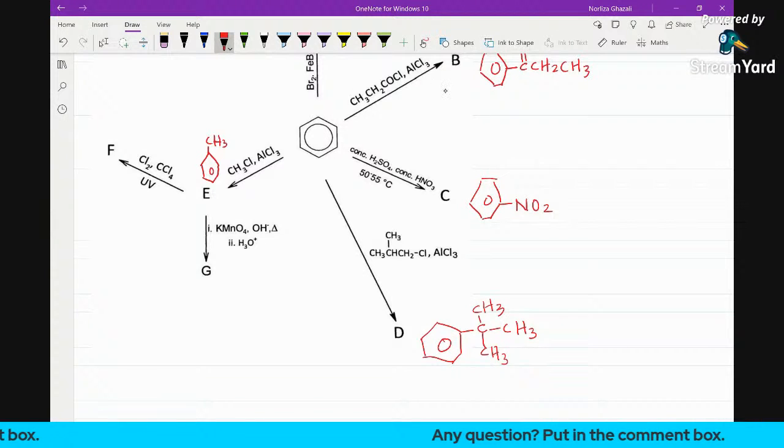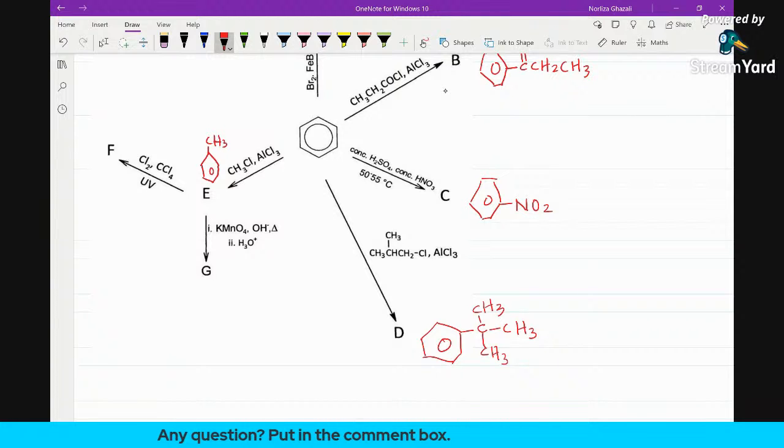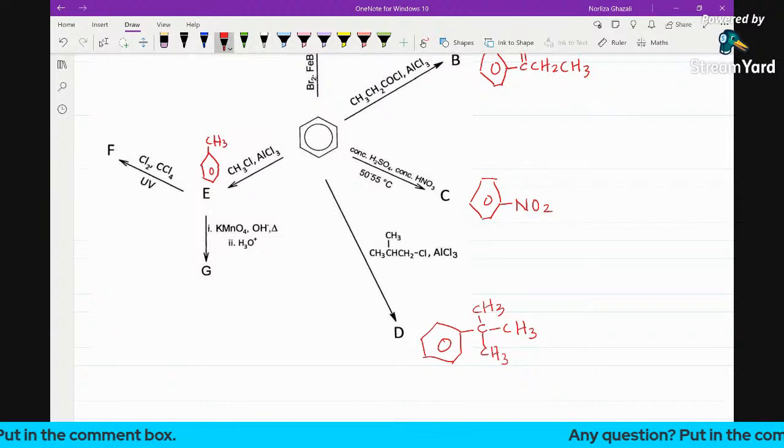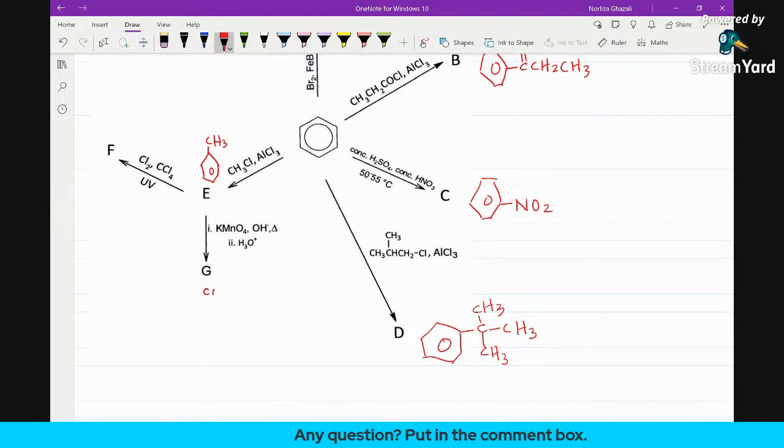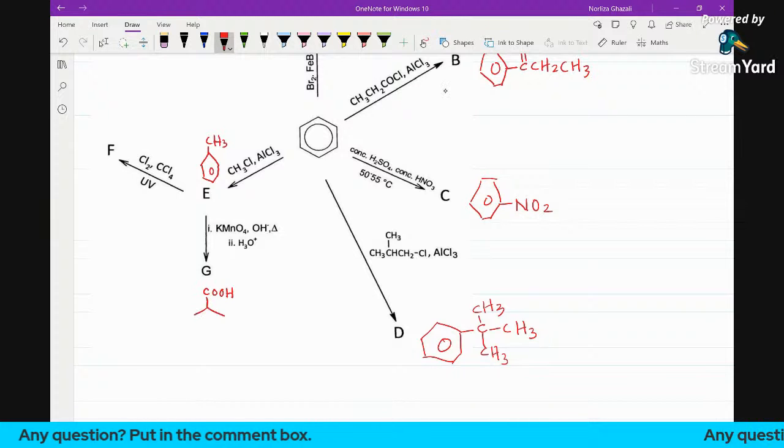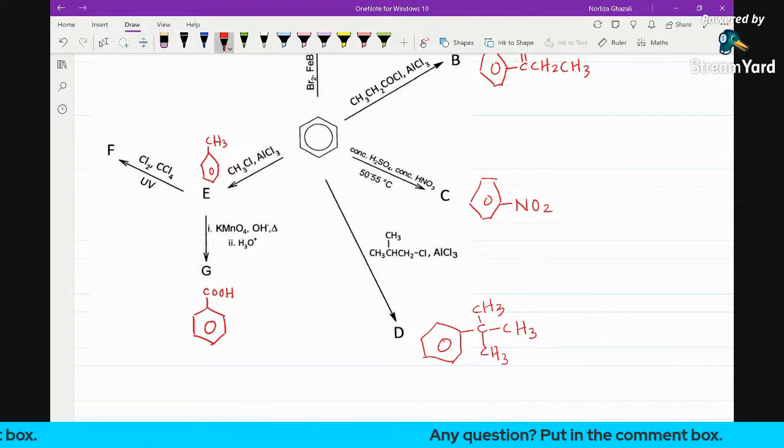So in toluene, the carbon bonded to benzene has benzylic hydrogen, so it undergoes oxidation. CH3 changes to COOH, so you have benzoic acid.